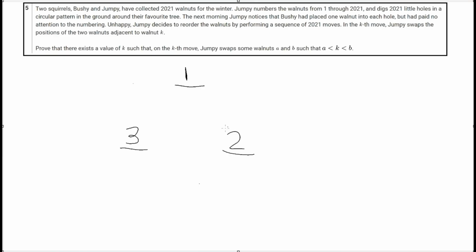Then when we move at 1, we have to swap 2 and 3 because those are the other 2 walnuts. So when we do that, we get 3 and 2. And then when we use walnut 2, then we swap 1 and 3. But 1 is less than 2 is less than 3, and that solves the n equals 3 case.